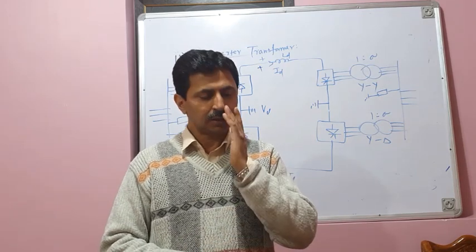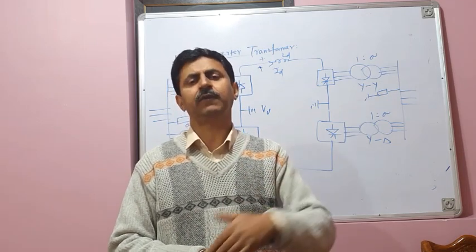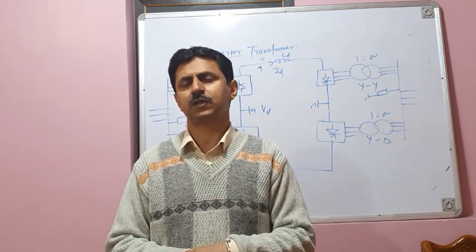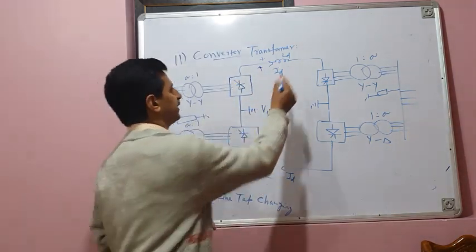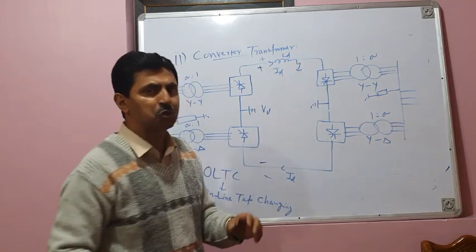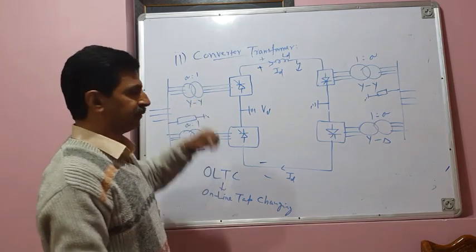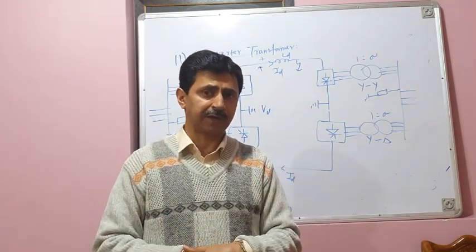Okay. And the third point, which makes it different from the conventional power transformers used at power stations and grid substations, is that if there is a fault, say for example on the DC side, a huge current will flow, and the magnitude of current has to be limited. This current will flow through the transformer windings also.